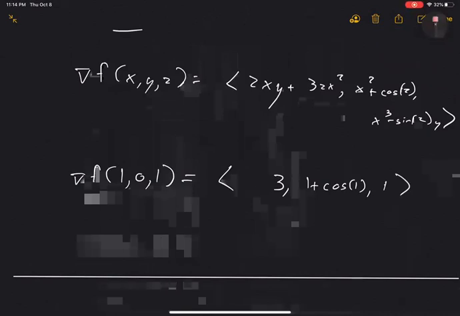So my direction of greatest increase would be 3, 1 plus cosine of 1, 1.